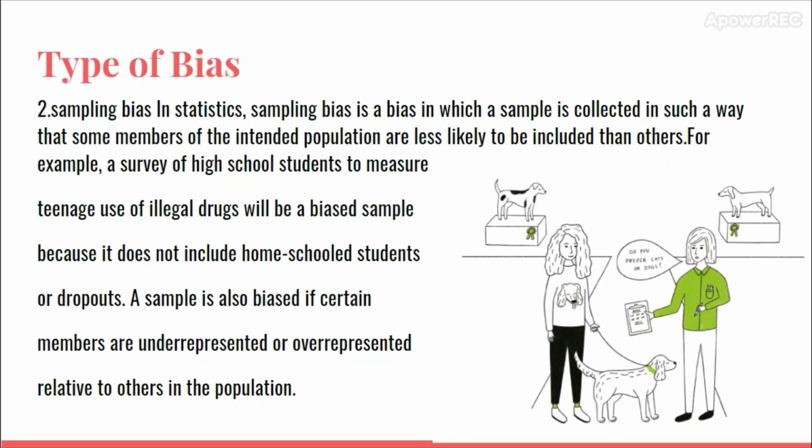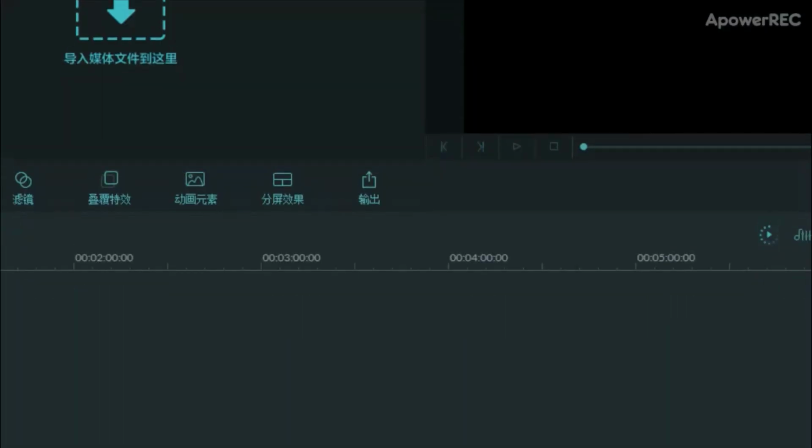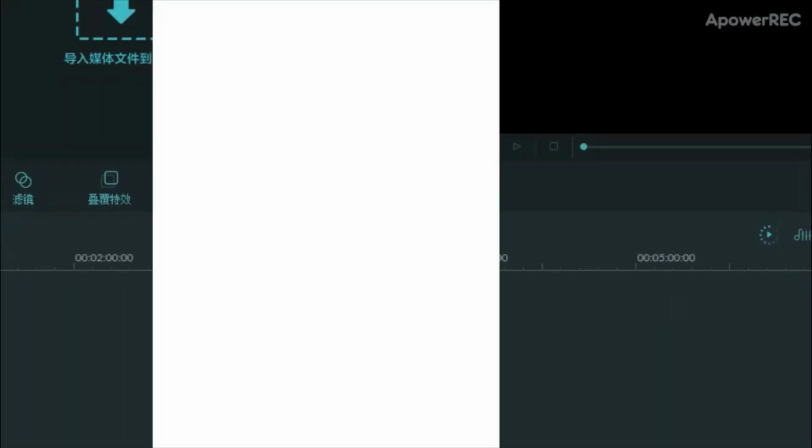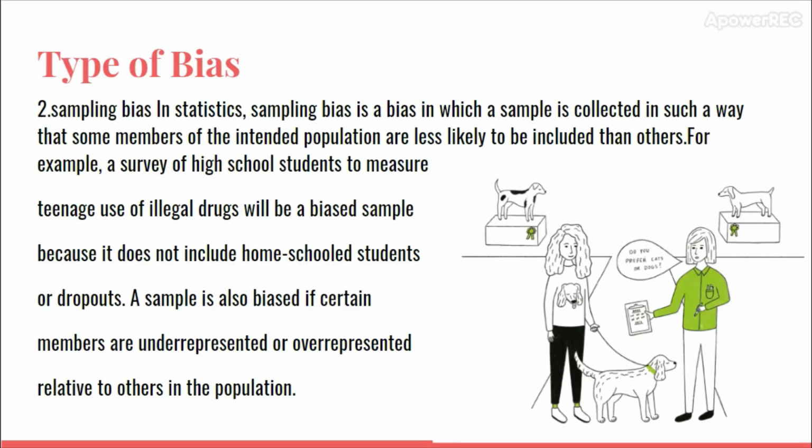The second type of bias we're going to talk about is sampling bias. Somebody might ask, so what is sampling bias? Well, it means the sample does not closely represent the population. That means you are asking a special group.